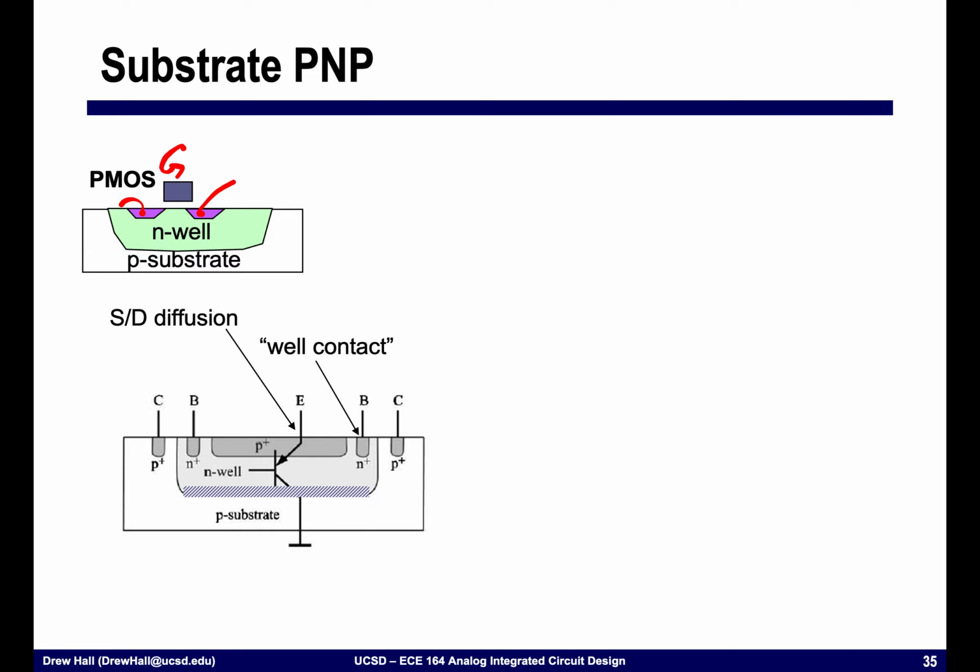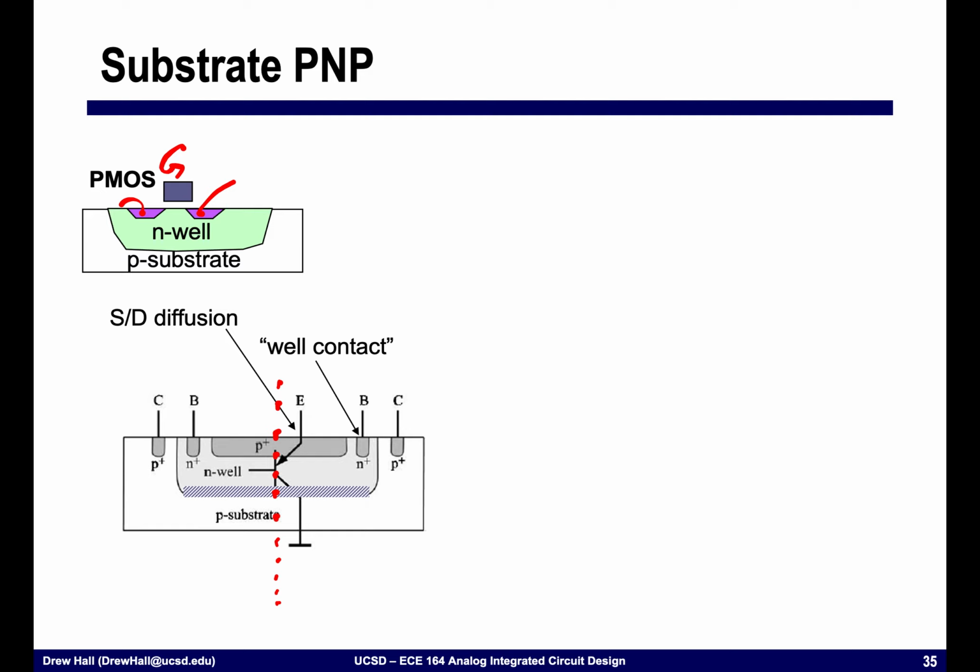If, on the other hand, you were to look at this vertical cross-section of the device right here, you can see that for a vertical BJT, we would have the emitter, the base, and the collector, which we can make using a standard CMOS process.